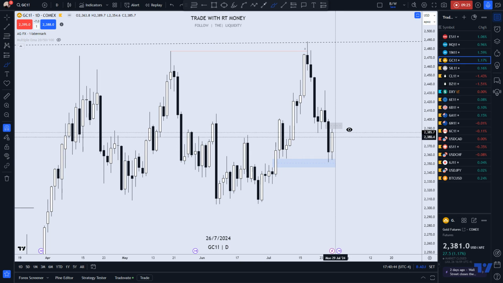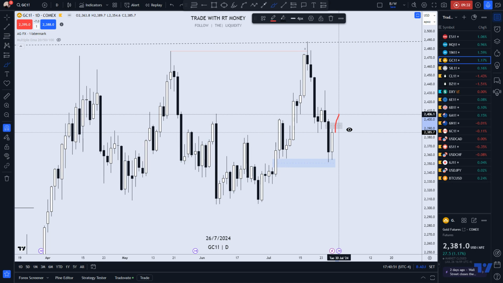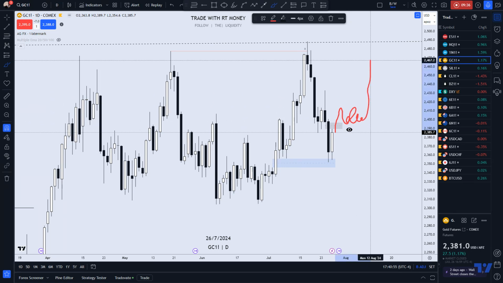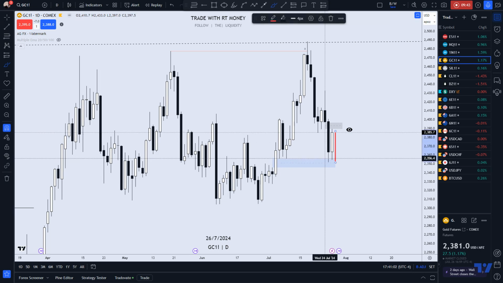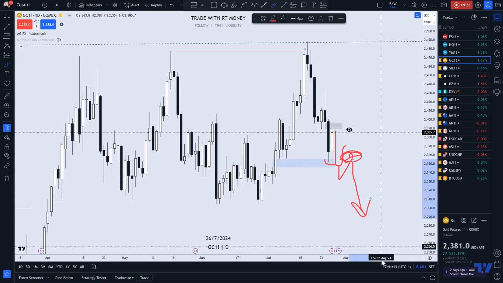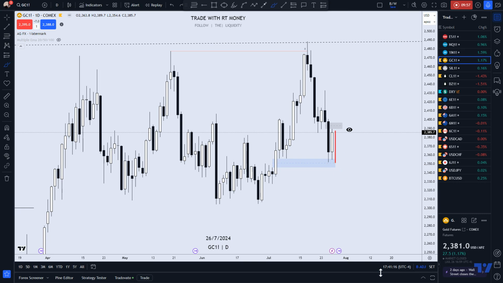So we've got to wait till one of these fails. When I see one fail, if it pushes up this way and comes back, I'm looking to take longs from there. If price comes down and trades through these bottoms, I'm waiting for it to come back, and then I can take prices to the downside. So I gave you two things to look for.